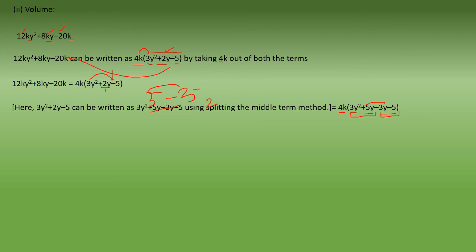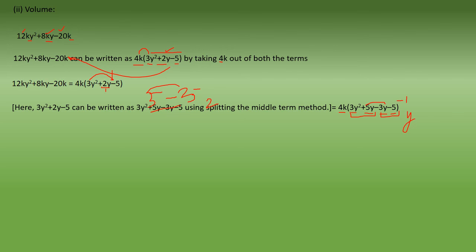We take y as common from the first two terms. From the last two terms we cannot take y, because there is no y, so we take minus 1 as common.